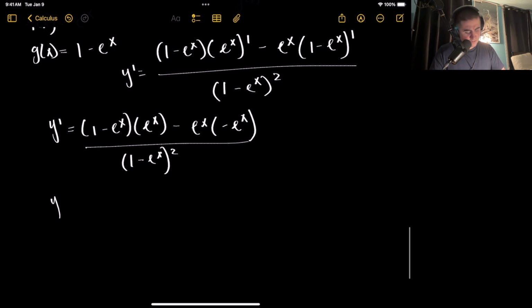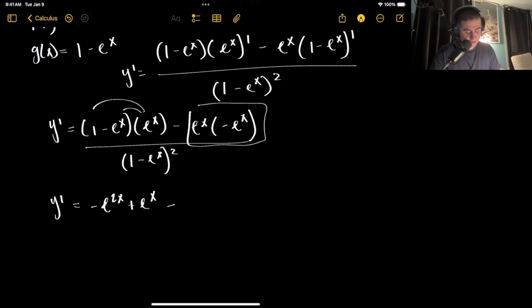Okay, now we have y prime is equal to, we'll just distribute the e to the x to the two terms inside these parentheses here. So we're going to have negative e to the 2x, and then plus e to the x, and then we'll multiply these two terms over here on the right in the numerator. That's going to be negative e to the 2x over (1 minus e to the x) squared.